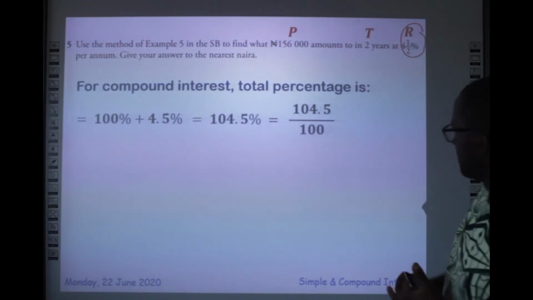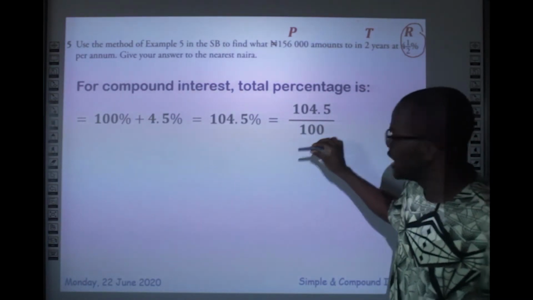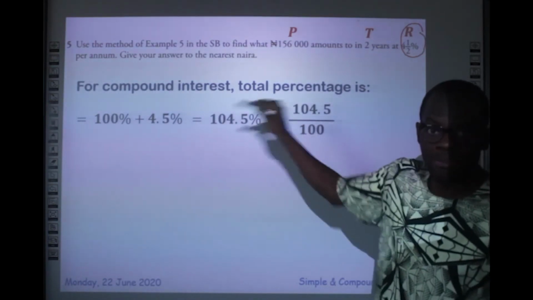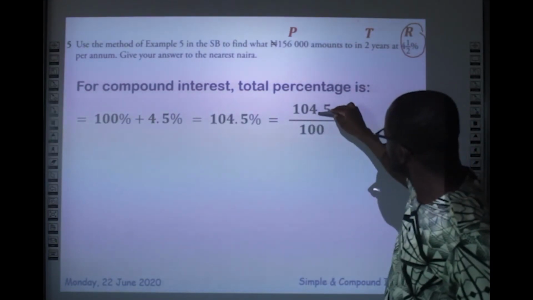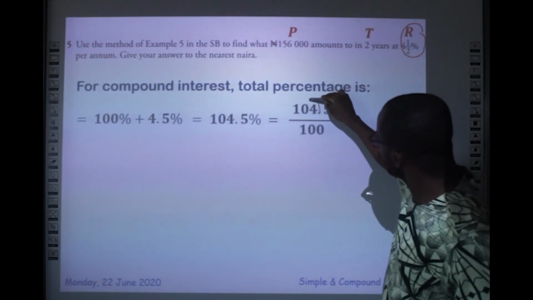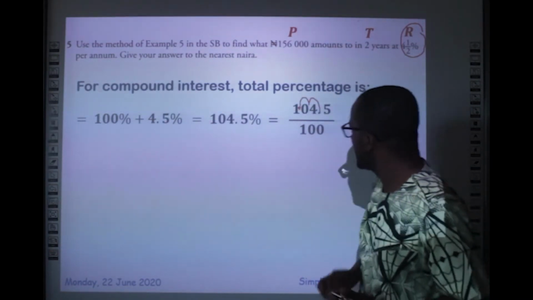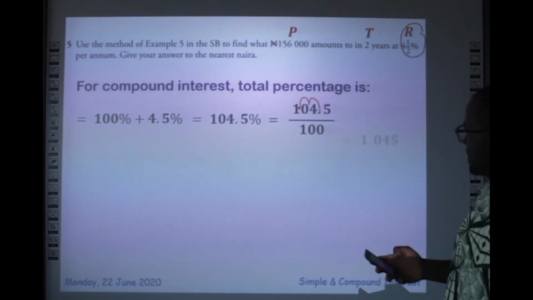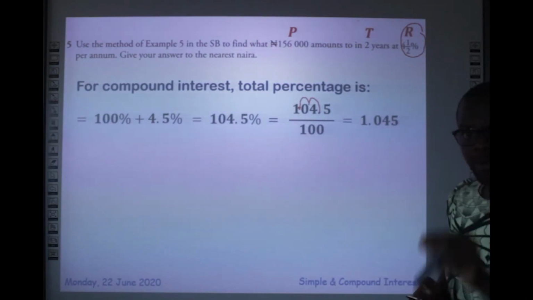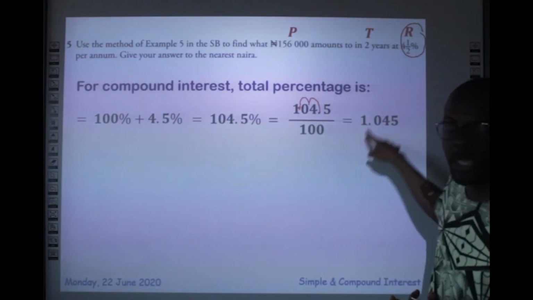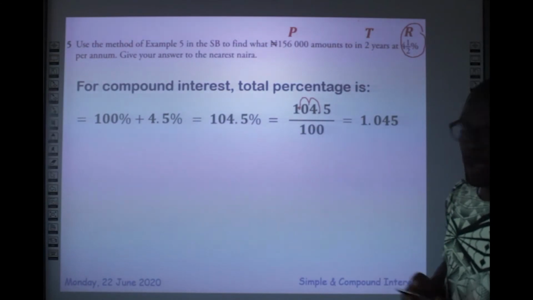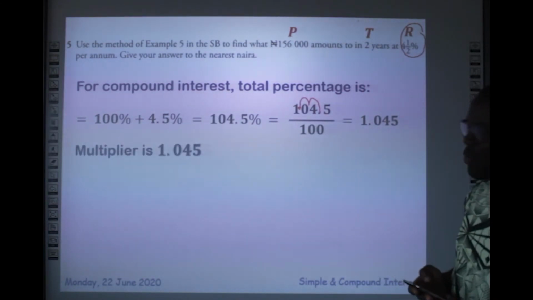Then as a decimal, remember, when you divide by 100, you simply move the decimal point 2 places to the left. So the decimal point now comes right there. As a decimal, this becomes 1.045. So this now becomes your multiplier. Okay, so your multiplier is now 1.045.